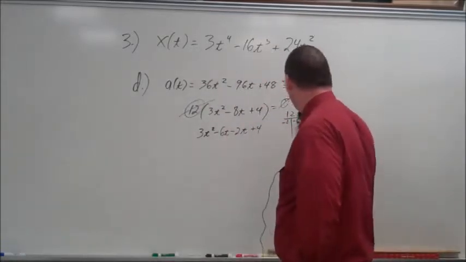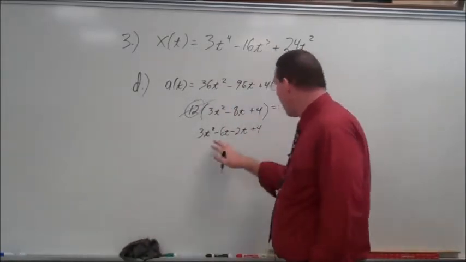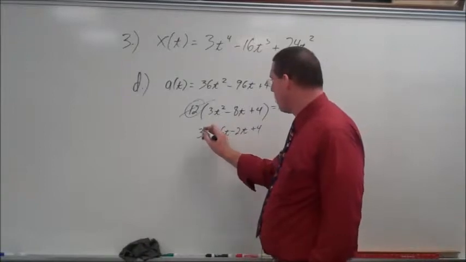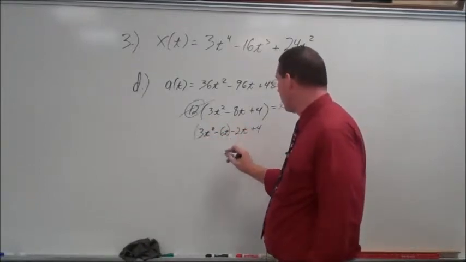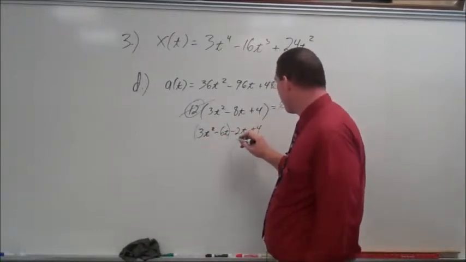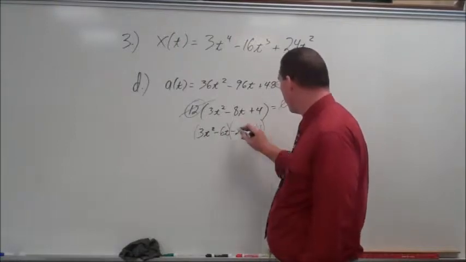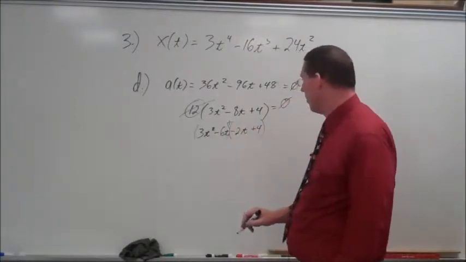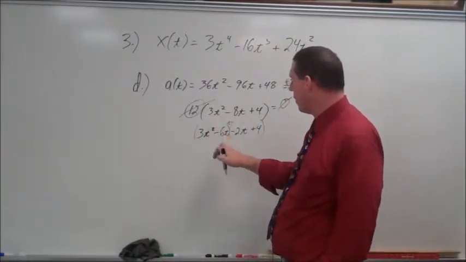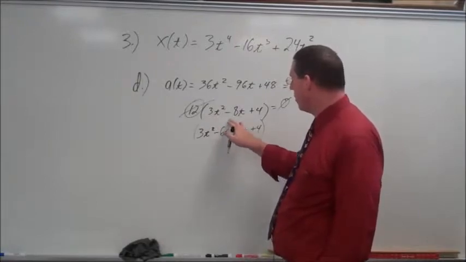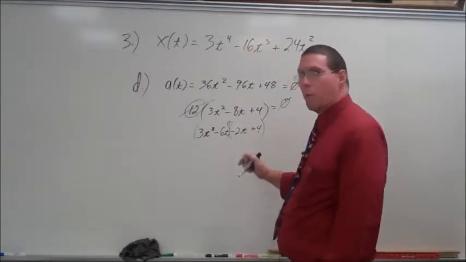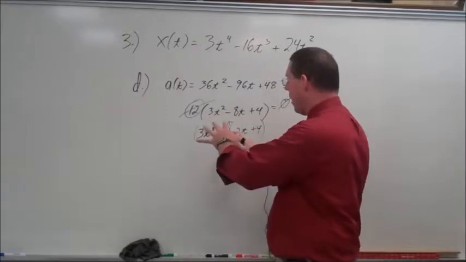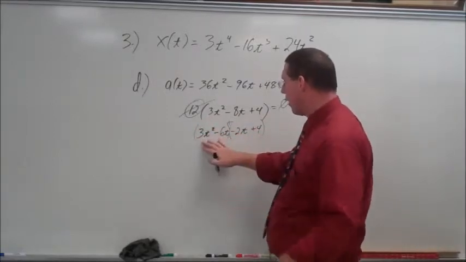Okay. All right, so now I'm going to use factoring by grouping. I'm going to put some parentheses around here, and then some parentheses around here, and put a plus symbol in between. So now what we have is 3t squared minus 6t plus negative 2t plus 4. I've just expanded it, and now I'm going to factor by grouping.